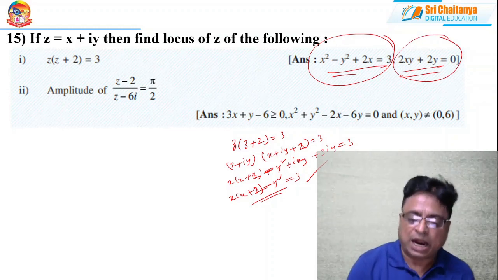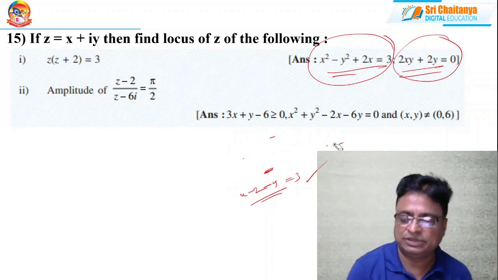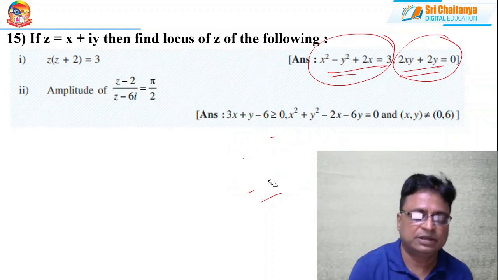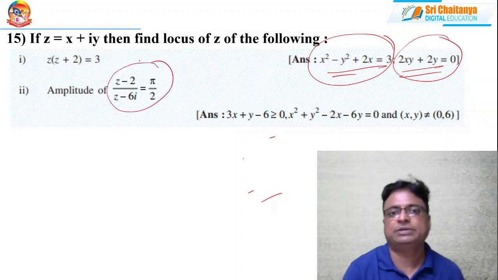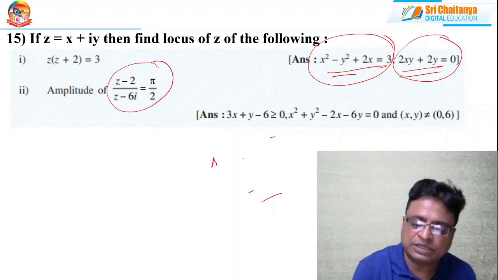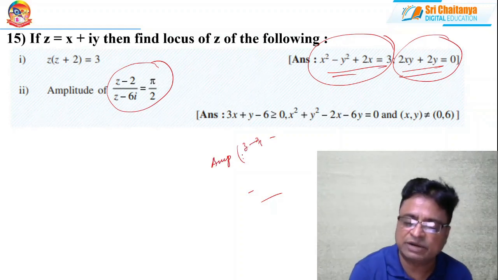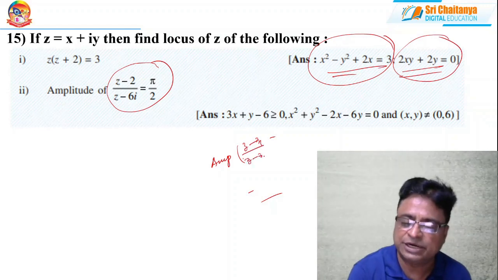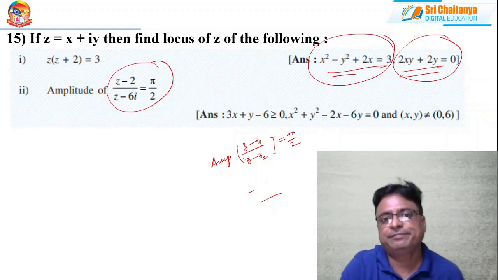Okay, and of course, next. This is very important. Amplitude of z minus 2 by z minus 6i equal to pi by 2. Whenever the amplitude of z minus z1 by z minus z2 equals pi by 2, as I already told in our previous lessons, then the complex number is purely imaginary.